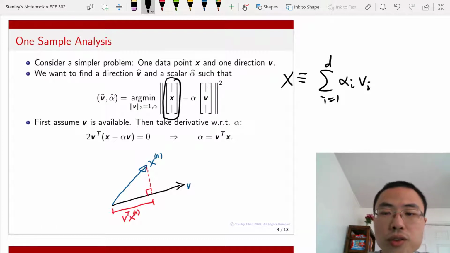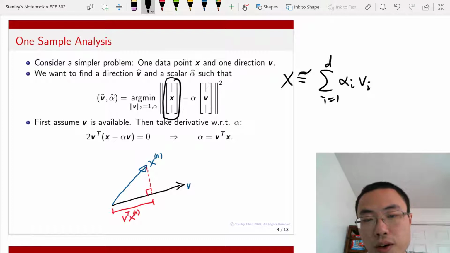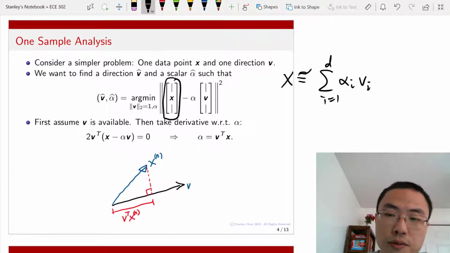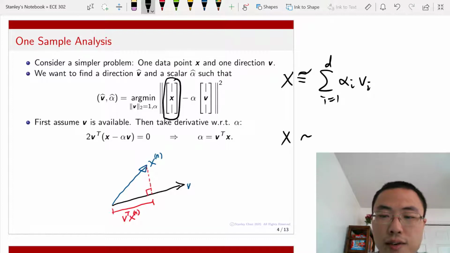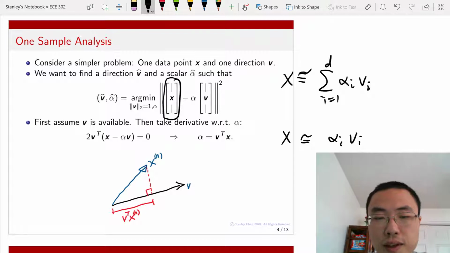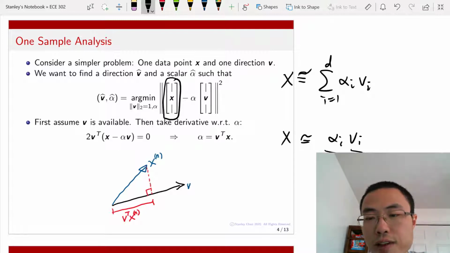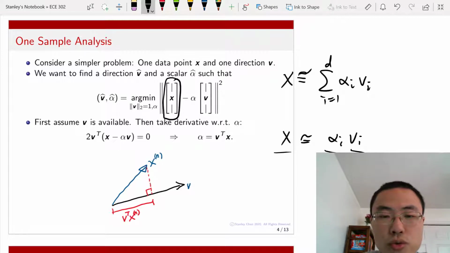Of course, this is an ill-conditioned problem because you may have more variables than observations. But that's why I would just say that p equals 1. So I ask, how can you write this problem as the following? I need to find alpha and v such that alpha v is approximately equal to x.